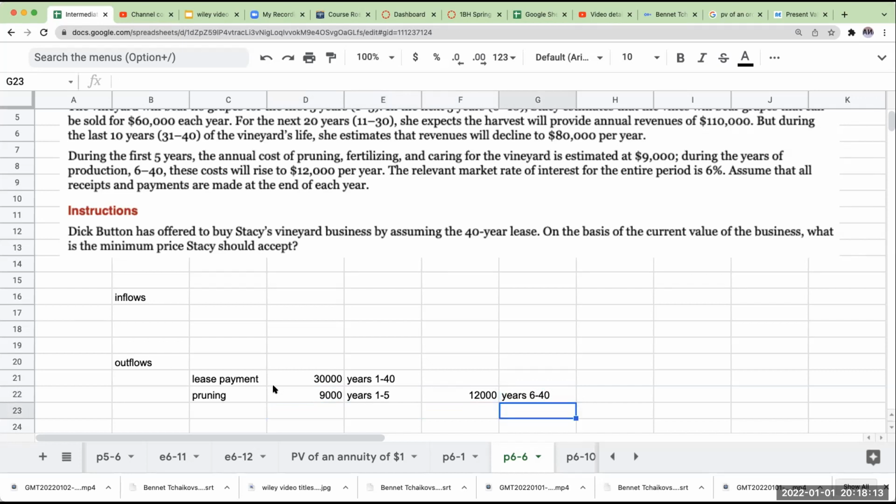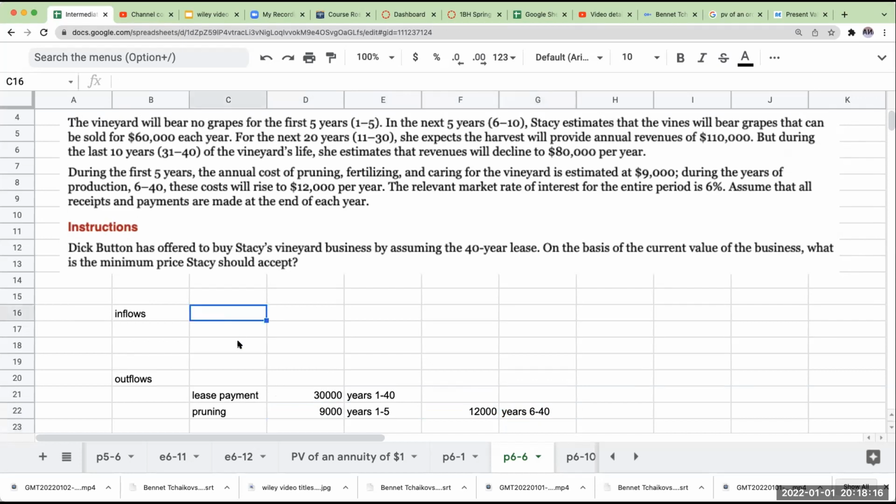In terms of the revenue inflows, there's going to be no grapes for the first 5 years. So for the inflows, 0 for years 1 through 5, and years 6 through 10 it's going to be $60,000 each year.